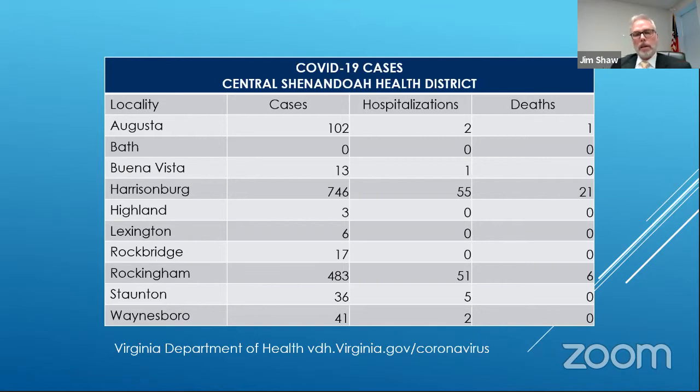You've got well over 1,000 cases in those two communities combined, more than 100 hospitalizations, and really a significant number of deaths, 27 deaths between those two communities. Here in Waynesboro, we currently have 41 identified cases, and we've had 2 hospitalizations among those 41 cases.